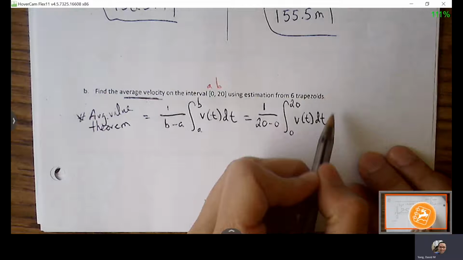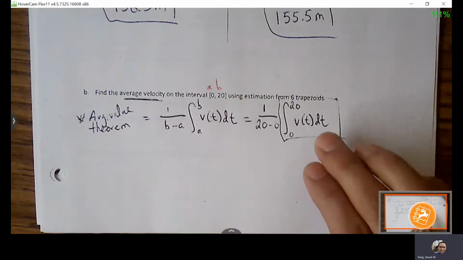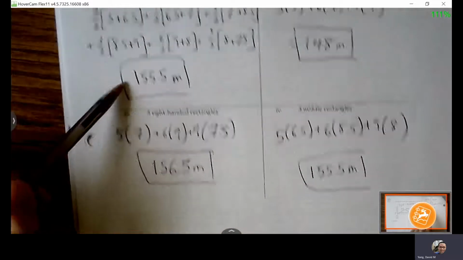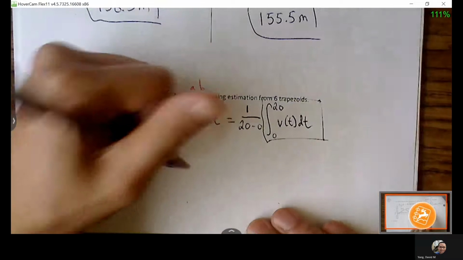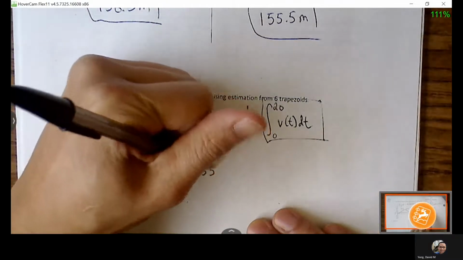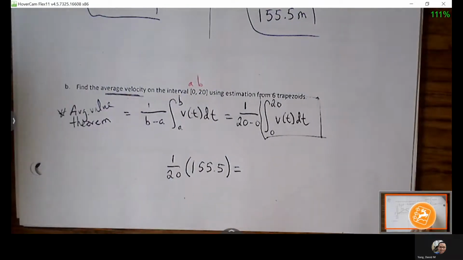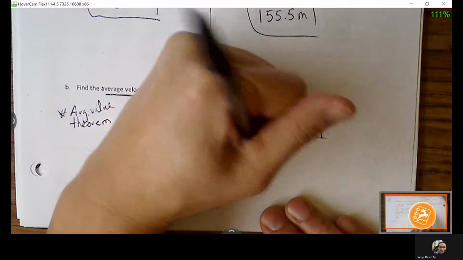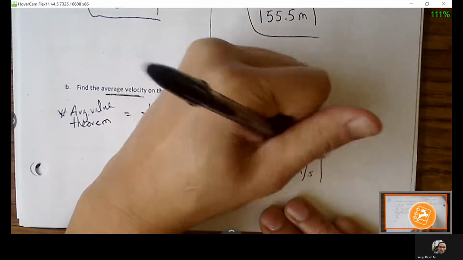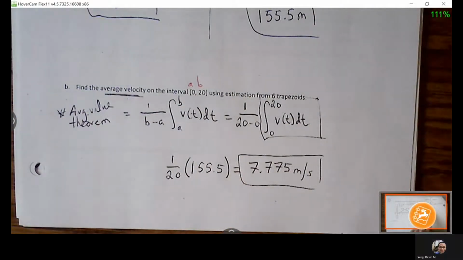So we have this, right? We have this definite integral from 0 to 20 of v of t. Pull that from part A. Average velocity. 7.775 meters per second.